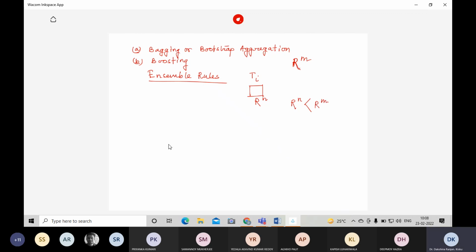So we can generate these small data sets through random sampling, where we can make the replacement of the samples, or we can choose particular attributes without overlapping, and then we get the subsets.